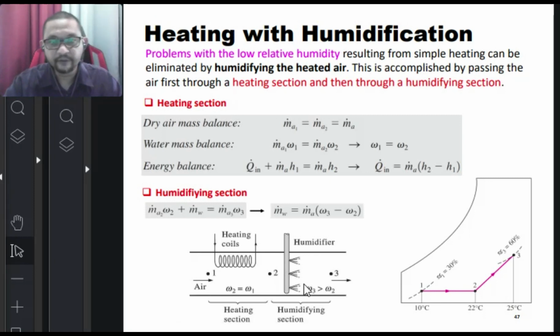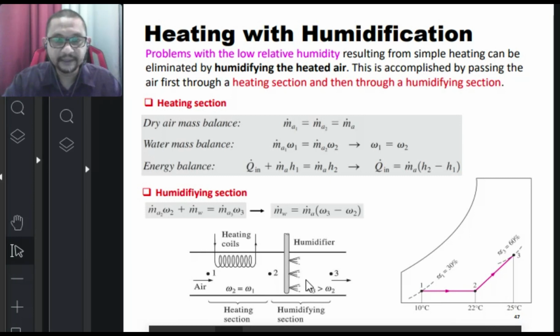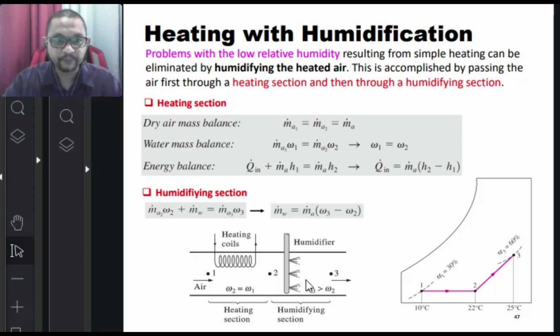So what happens in the humidification section? This results in humidification with additional heating, meaning temperature 3 is greater than temperature 2. This is because the water that we spray here is steam.